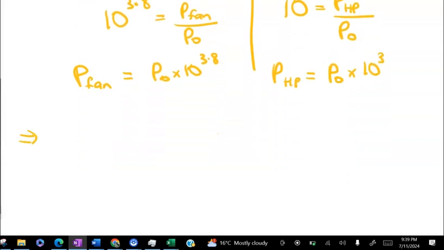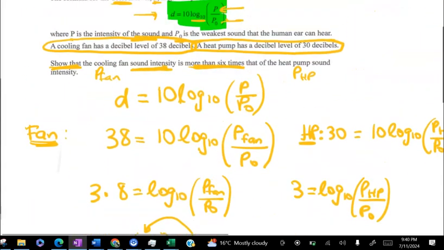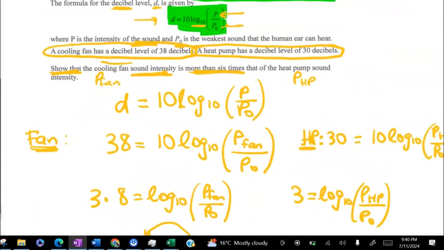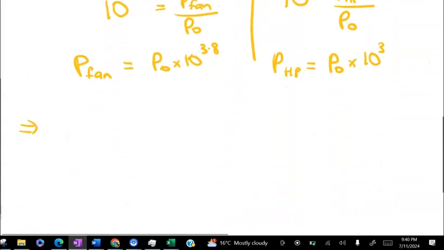So if we want to compare them, it's like back in year 9 when you did not quite percentage change, but one amount compared to the other. Looking at the question, we know that the fan is the noisier, so we're going to show that the sound intensity of the fan is more than 6 times. So let's work out P fan divided by P heat pump.